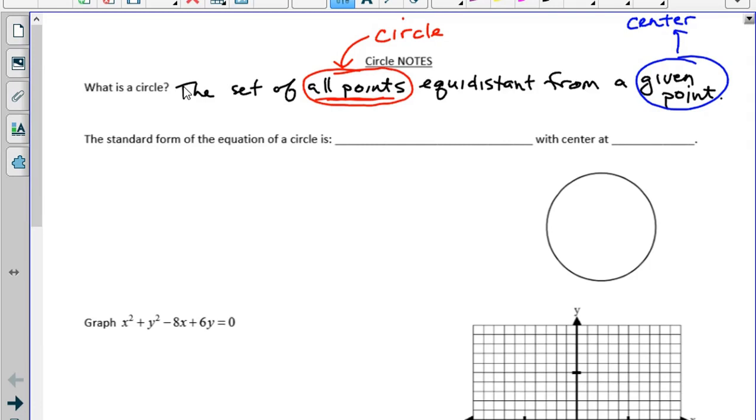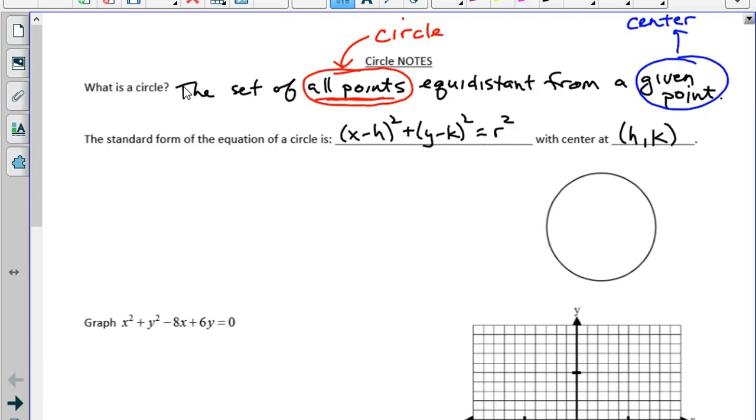Now, the standard form of an equation of a circle is (x - h)^2 + (y - k)^2 = r^2. So this is how we tend to write the equation of a circle with center at (h, k).